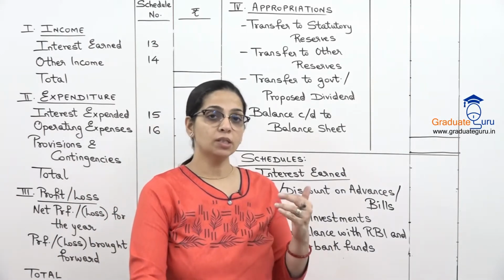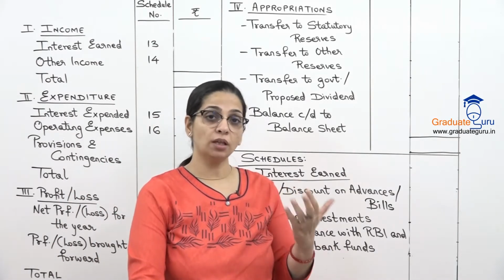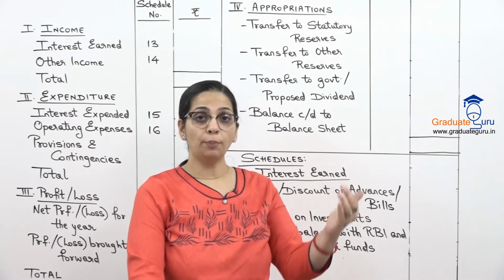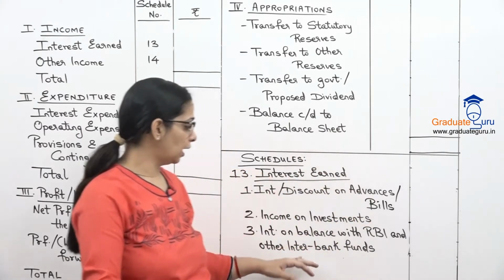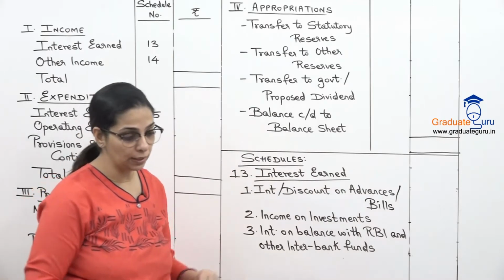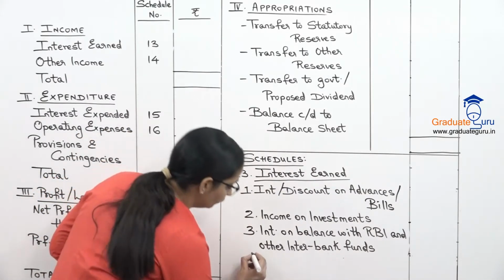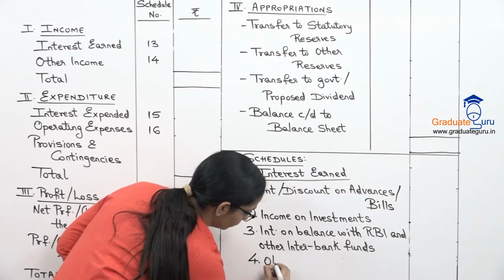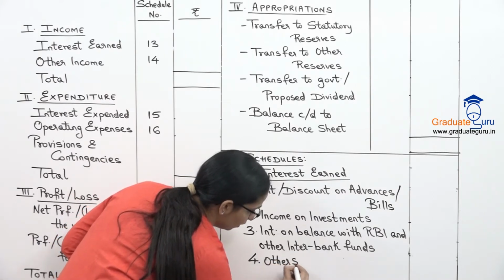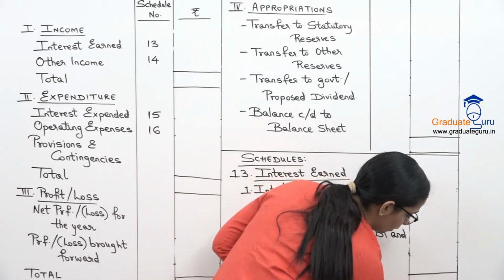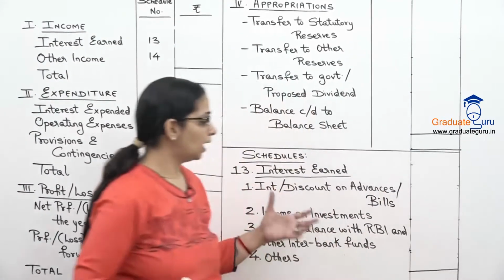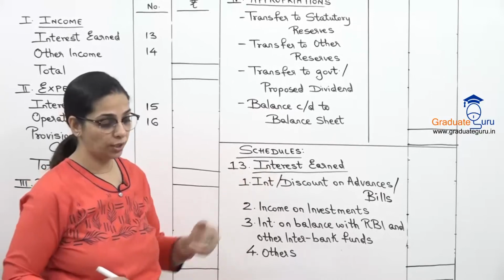It can also invest in RBI, it can also invest in other banks. So, उस deposit पे जो हमने दूसरे बैंक में डाले हैं, उस पे whatever income I get, that is shown separately. And finally, we have others. So, any other interest that the bank earns will be shown over here. So, this will be our interest earned schedule.